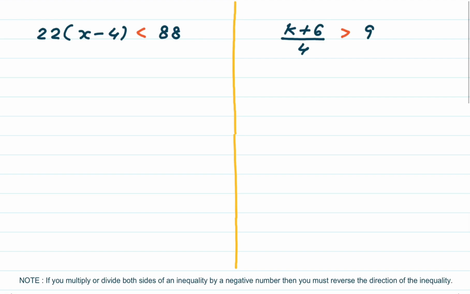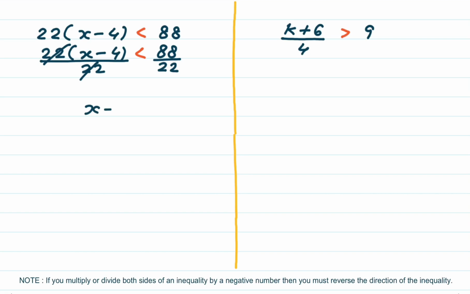In the next question, we divide each side of the inequality by the number 22. Which simplifies to x minus 4 less than 4.